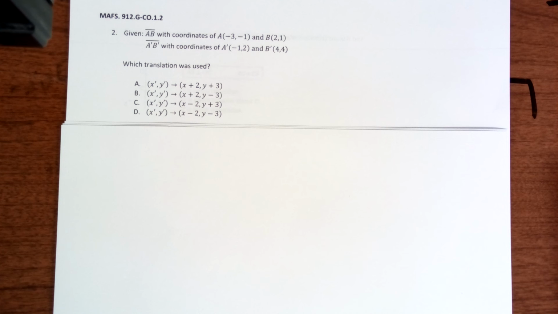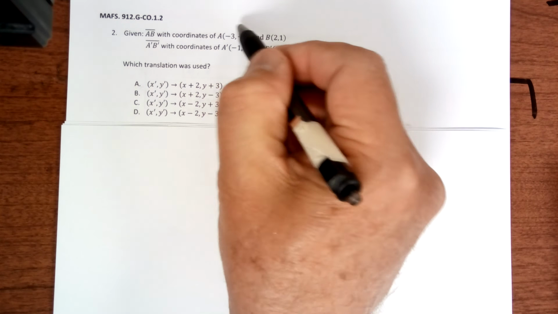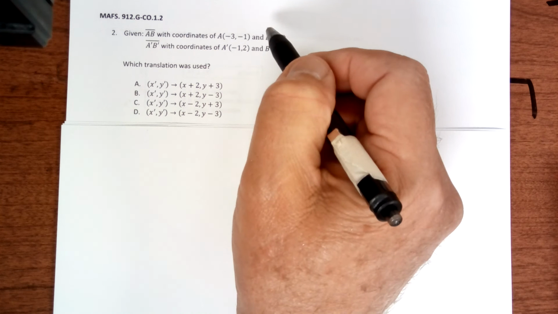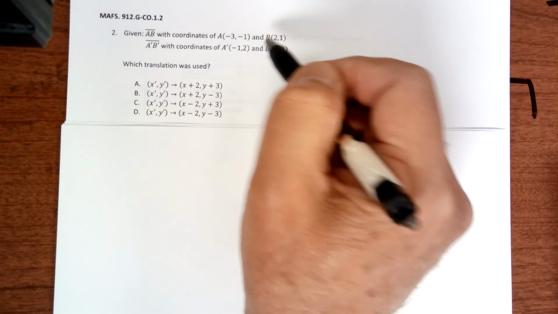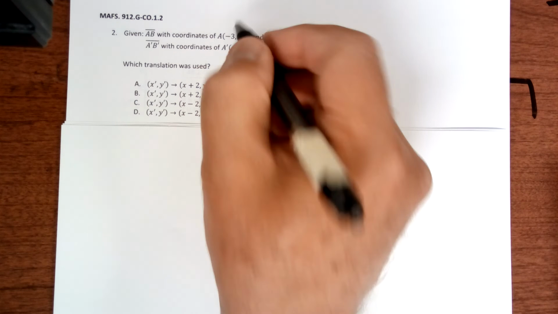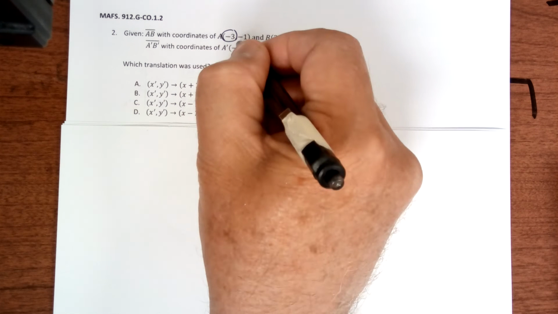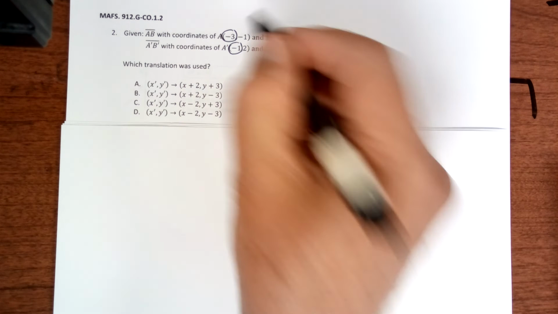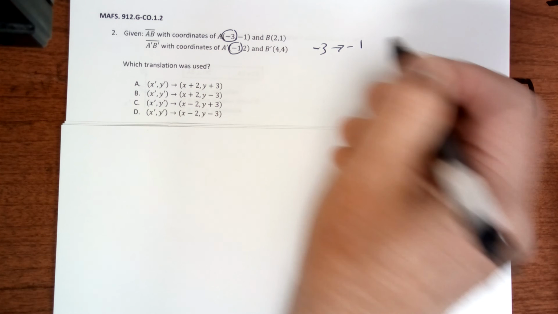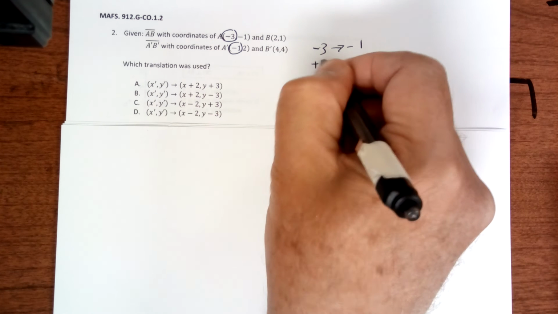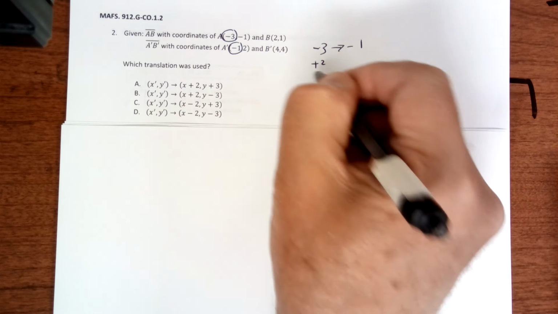Okay, so on this one right here, it says given the coordinates of A and B, and then you have the coordinates of A prime and B prime. So the question is, how does it go from -3 to -1? That's what we want to know. So you're going from -3 to -1. The only way you can do that is if you add 2. So on the x, you're going to add 2.